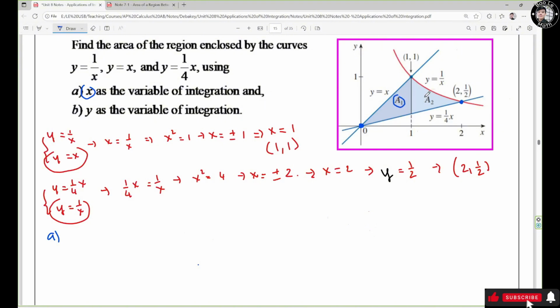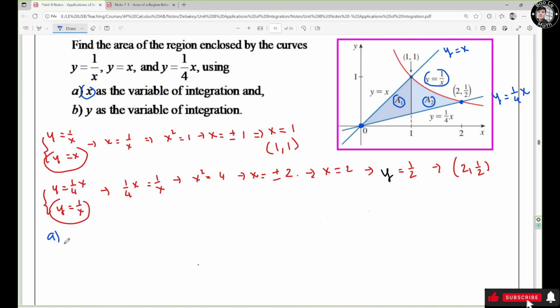The second one is A2 right here. For A1, the upper one should be y equals s. The lower one should be y equals 1 over 4s. For A2 right here, the upper one should be the red one, y equals 1 over s. The lower one should be y equals 1 over 4s.